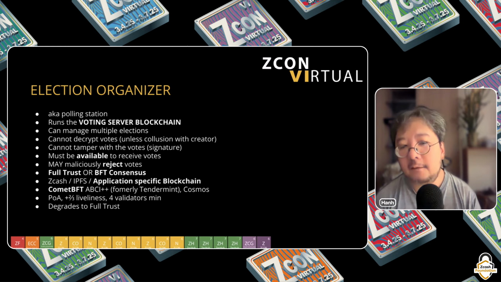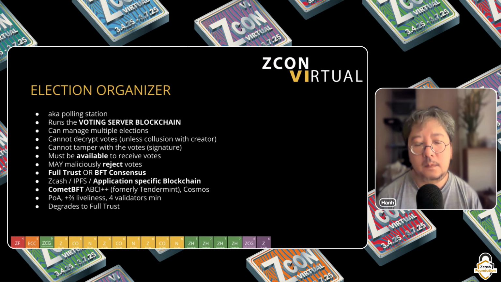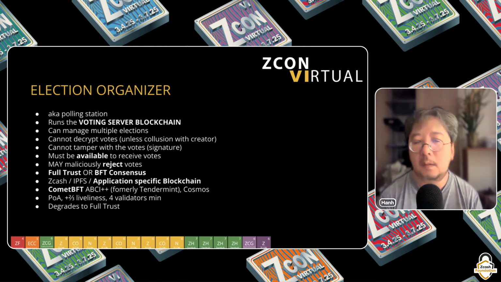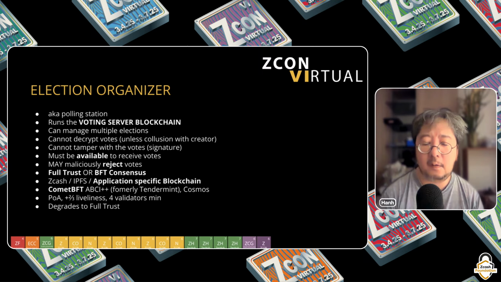We already have this mechanism of consensus that would prevent people from rejecting votes that are valid. But the problem here is that with Zcash, the memo size is too small. A Zcash memo is at maximum half a K, and the votes are about 10K per note.